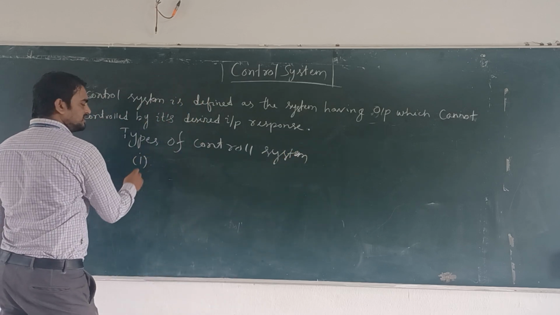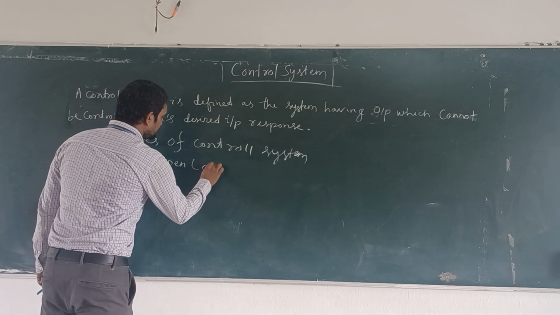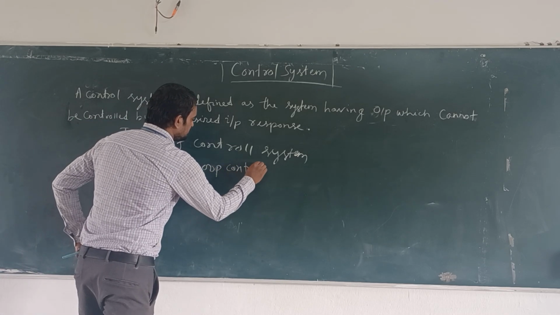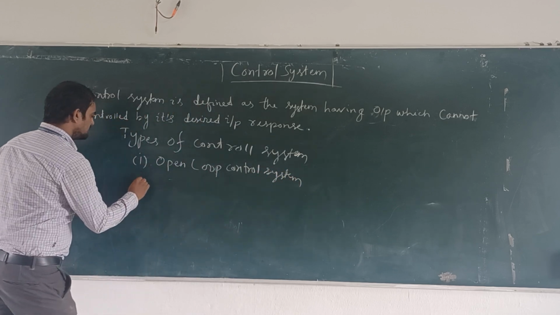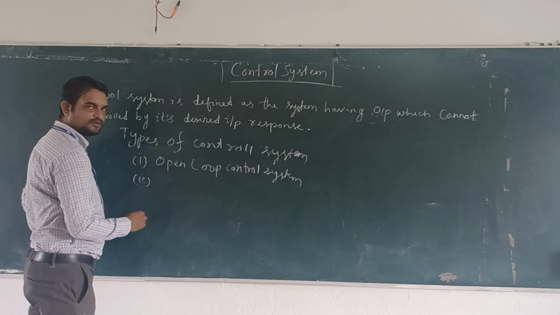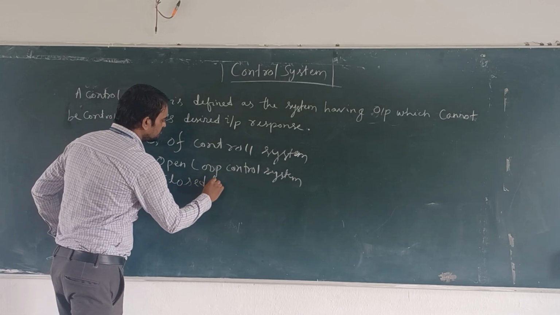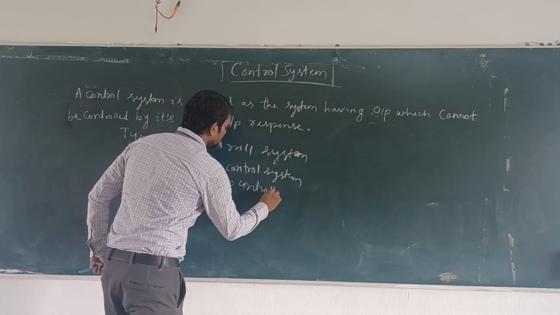Number one, open loop control system. Another one is closed loop control system.